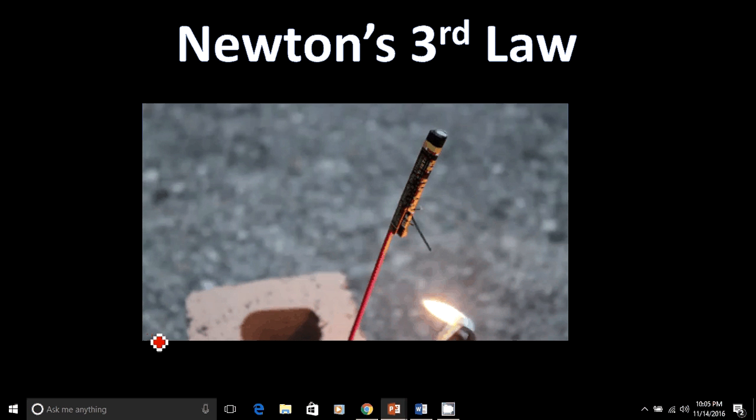This is a bottle rocket. Here's an example of a bottle rocket, and here I will now show you.